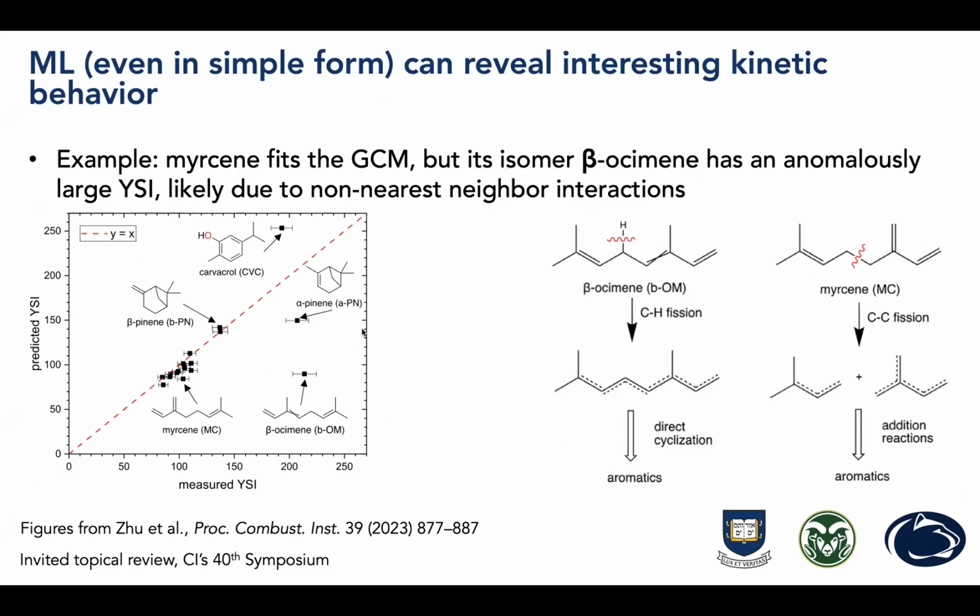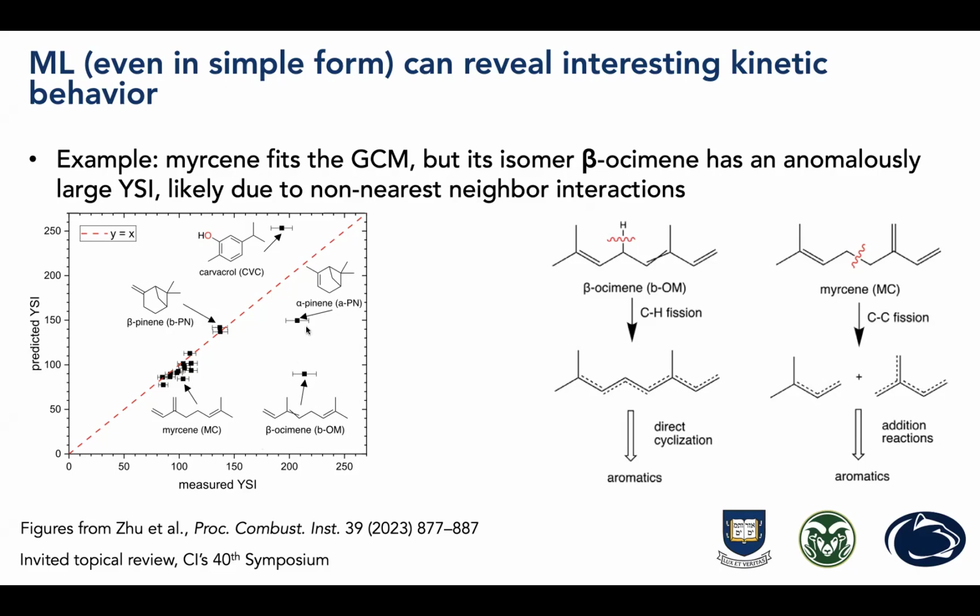Machine learning, even in this very simple nearest neighbor form, can reveal very interesting kinetic behavior. For example, this graph on the left gives measured YSI on the x-axis and predicted YSI on the y-axis. If we look at 2 different isomers, myrcene and beta ocimene, they have very, very different YSIs, even though the structure is not so different.